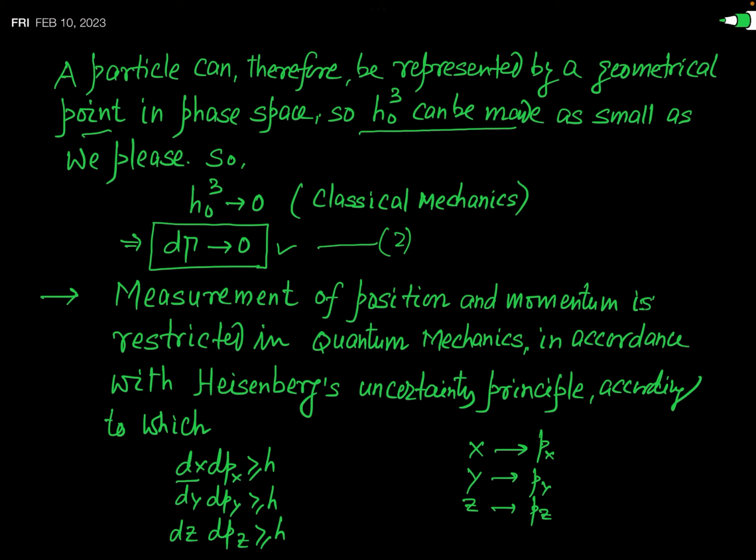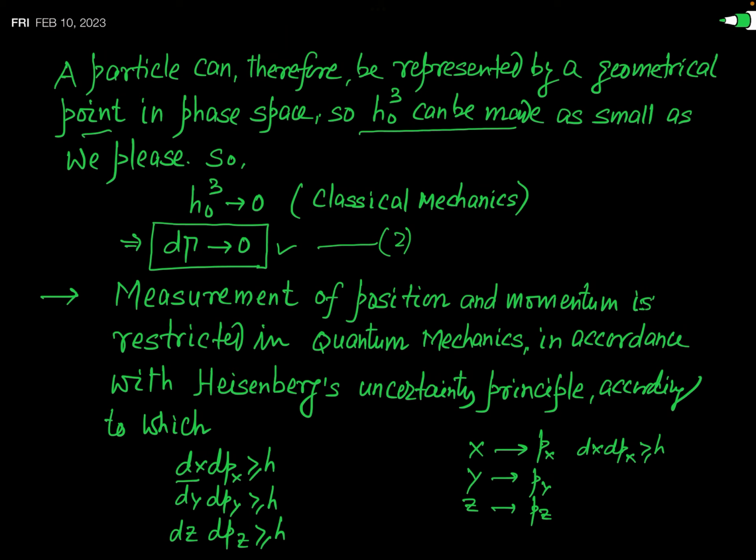The product of the uncertainty in position and its conjugate momentum, that is dx times dpx, is never less than Planck's constant h. It is always greater than or equal to h.